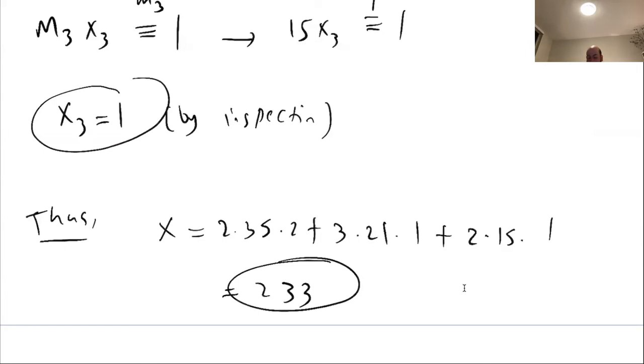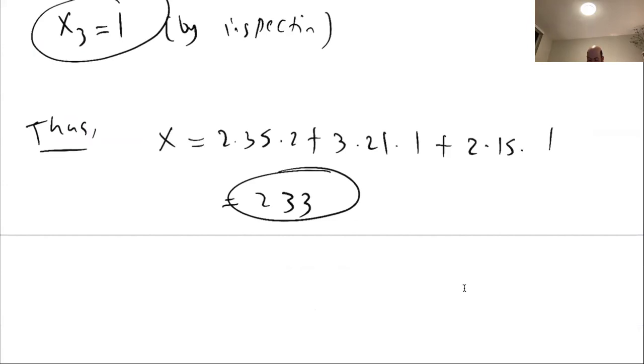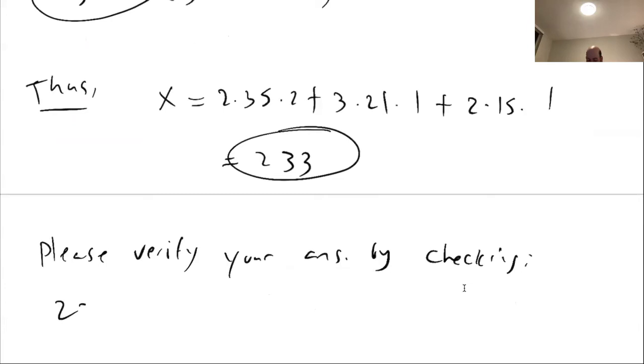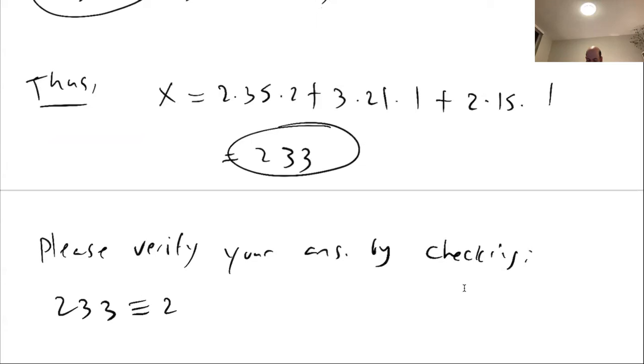So we can also verify. Please verify your answer by checking that 233 is 2 mod 3, and 233 is 3 mod 5, and 233 is 2 mod 7.